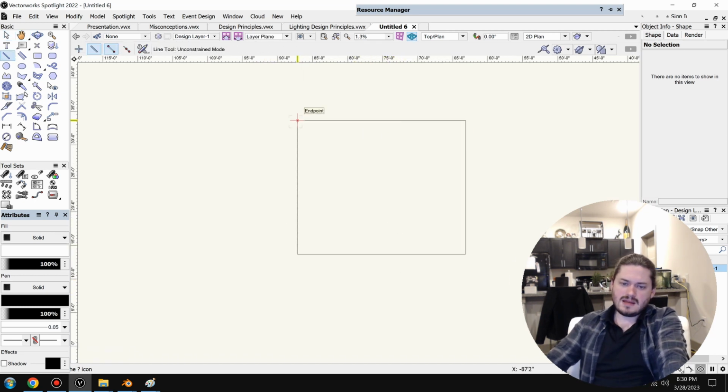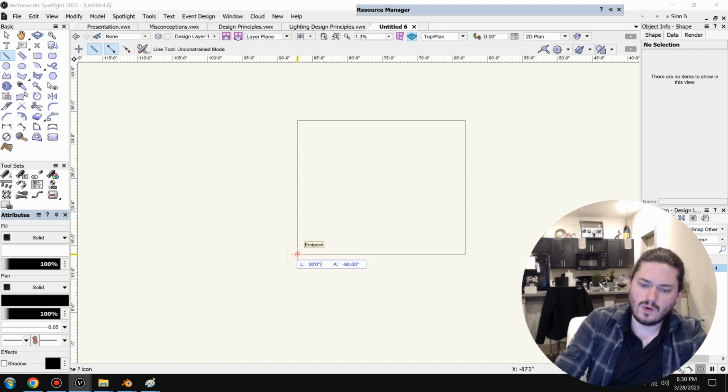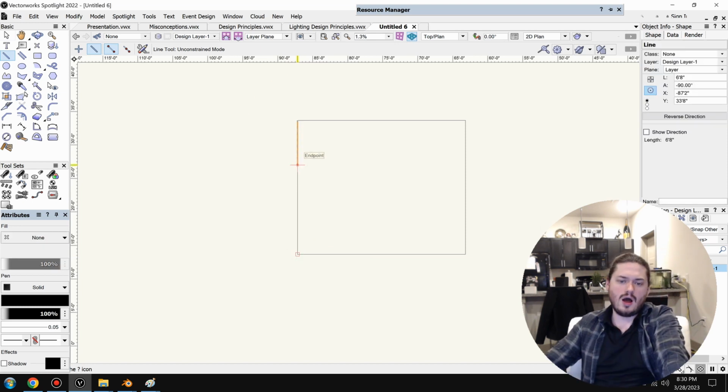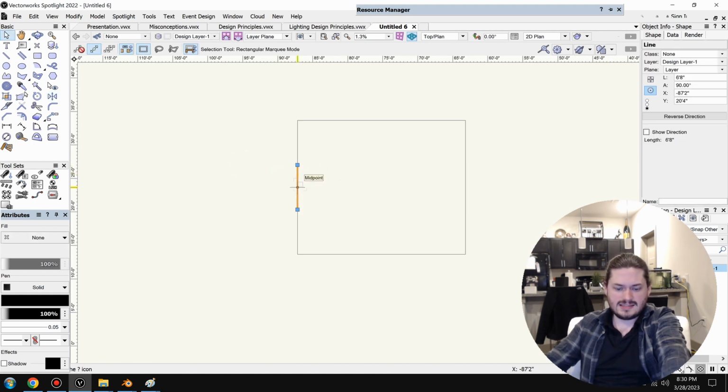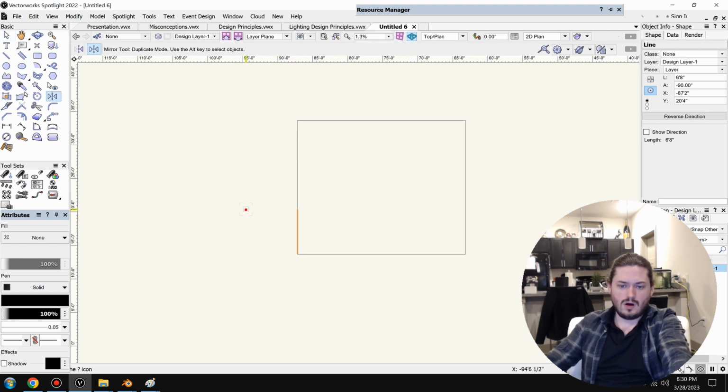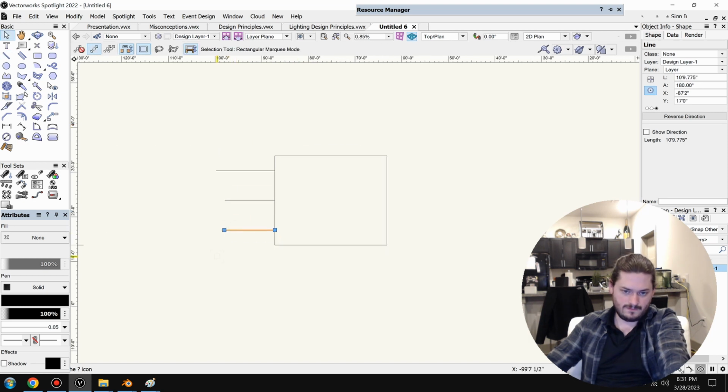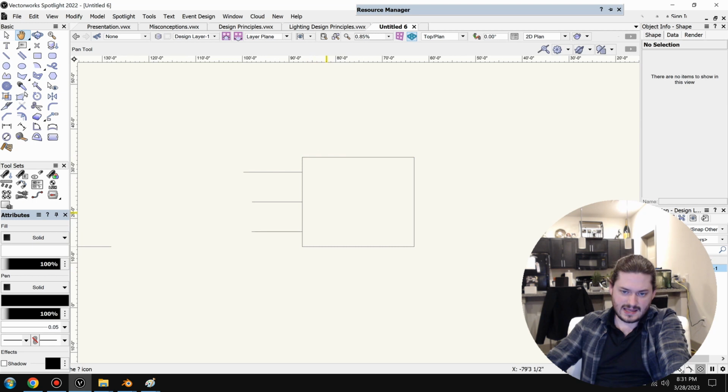So it may be natural to say, well, what if we just divide the stage up into thirds and stick one at each third? So you might stick one here, you might stick one here, and you might stick one here. That would be taking the rectangle and then evenly sticking one in.